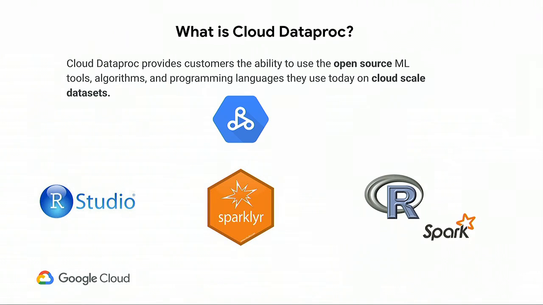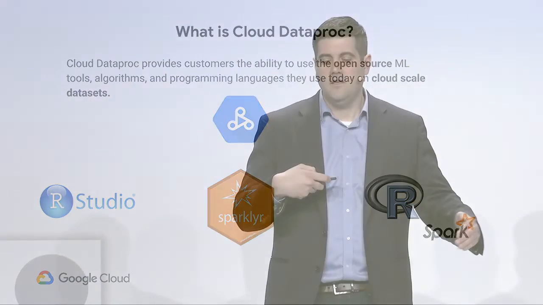That Jobs API makes it really easy to submit R jobs through things like the gcloud command or an HTTP endpoint, so you can build automated tooling around your R code. But what I'd like to do now is take a quick peek under the hood of both SparkR and sparklyr to help you understand how these tools actually scale your R analysis.